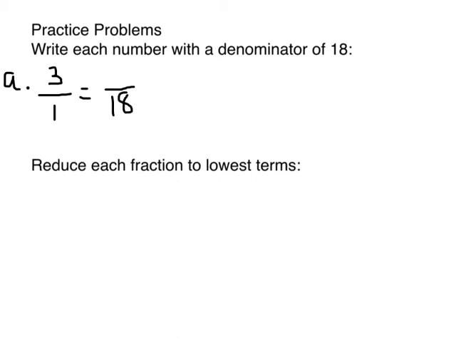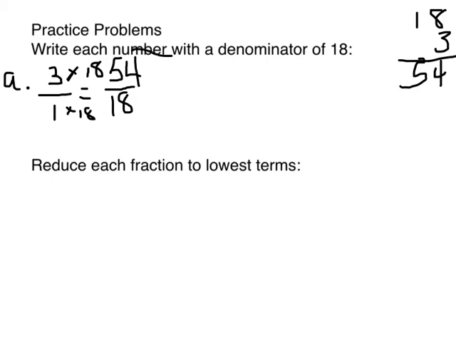So to do this, what number am I going to multiply by, top and bottom? Well, 1 times 18 is 18, so I'm going to have to use 18. So 3 times 18 would be 54. So 54 over 18 is equivalent to 3.